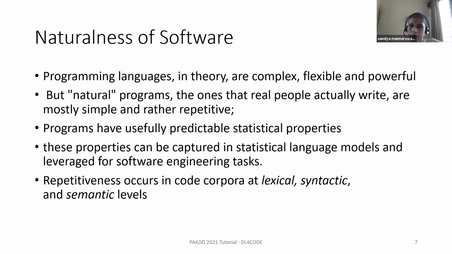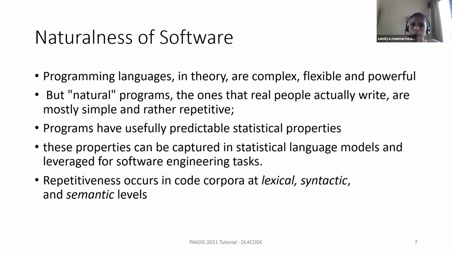This leads us to the fact that you can model programming languages, source code, or intermediate code representations using statistical language models, similar to language models for human language text. Using that, we can leverage it for software engineering tools, compilers, and so on.